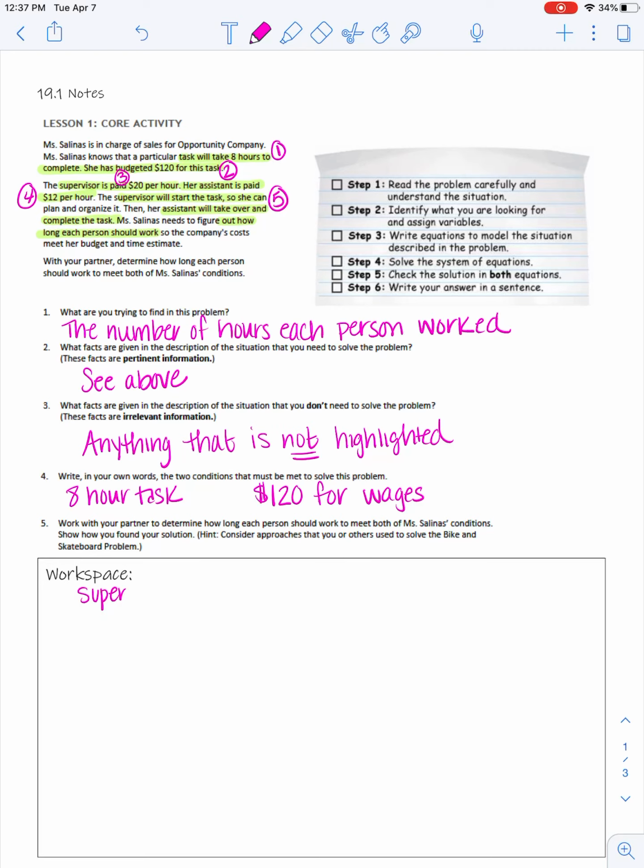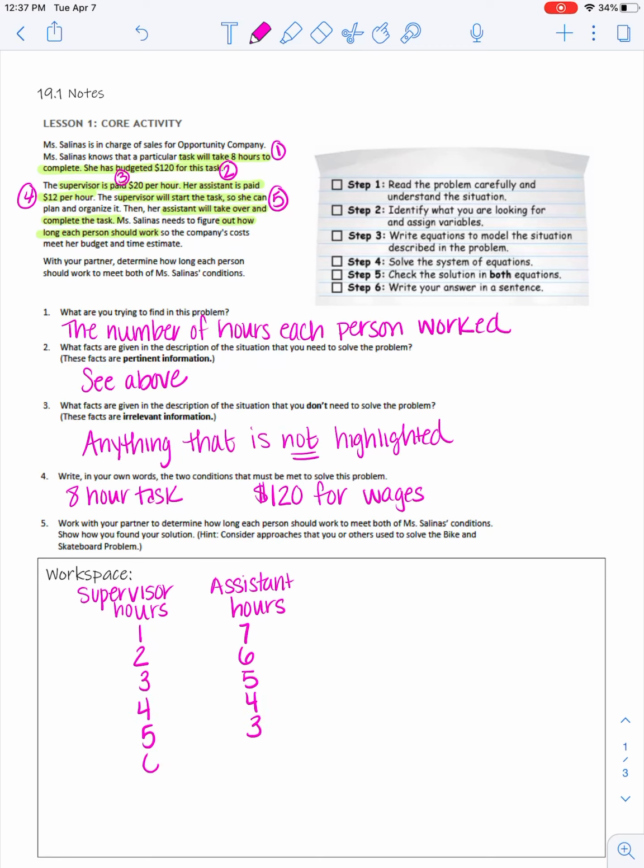So we know that the amount of hours worked has to equal 8 hours. So I'm just gonna give some combinations for supervisor hours and assistant hours. There are several different combinations. If the supervisor works 1 hour, the assistant works 7. If the supervisor works 2, assistant works 6.